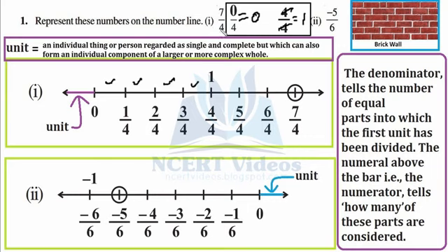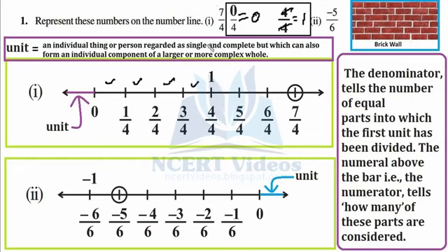But here is the catch: you have to consider 7 such units because they are positive, so we will move towards the right hand side from our extreme, that is in this case we have 0. Here it is 1/4, here it is 2/4, 3/4, 4/4, which also means 1 because when you cancel it, it gives you 1.